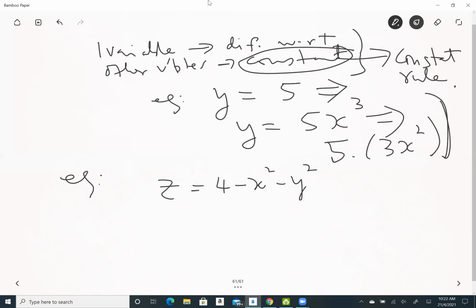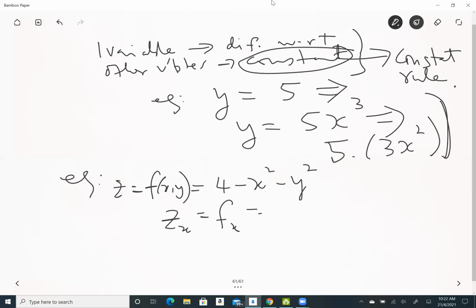So number one, you differentiate the function z with respect to x. Sometimes I like to use f, so I put both: z equal to f of x, y. First, you take the derivative with respect to x, zx or fx.